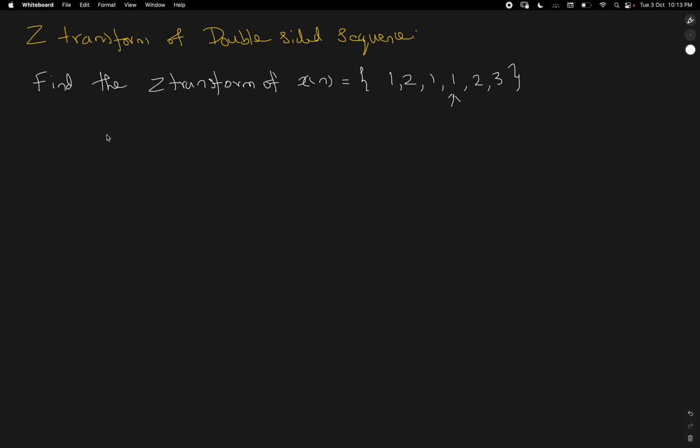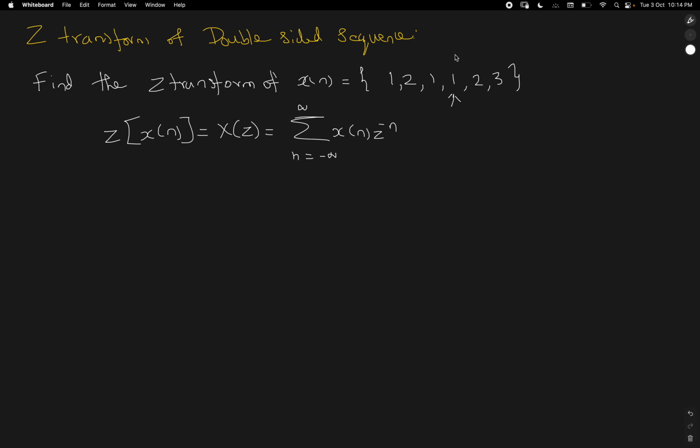So first we will write the formula. Z transform of x of n, which is equal to X of z, is equal to summation n equal to minus infinity to plus infinity x of n z power minus n.